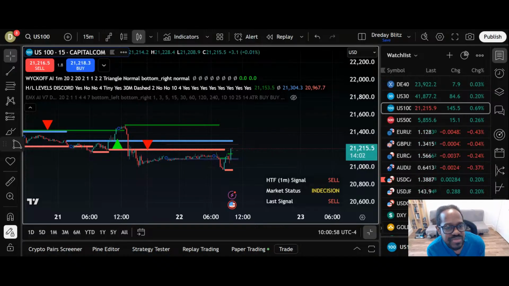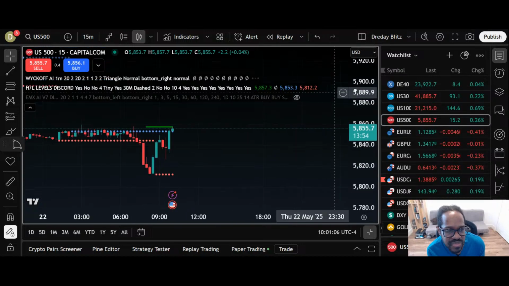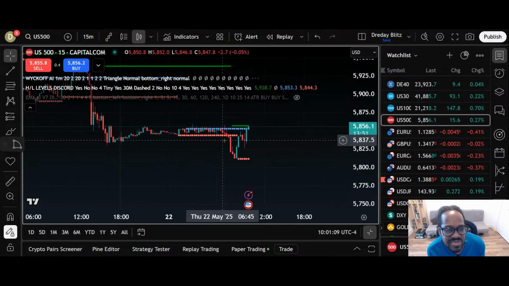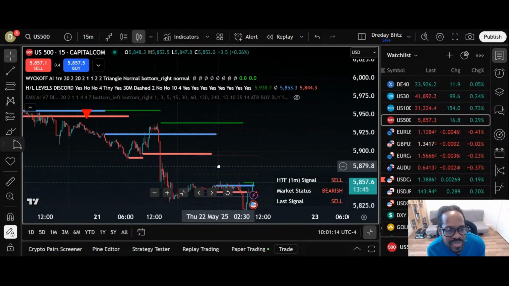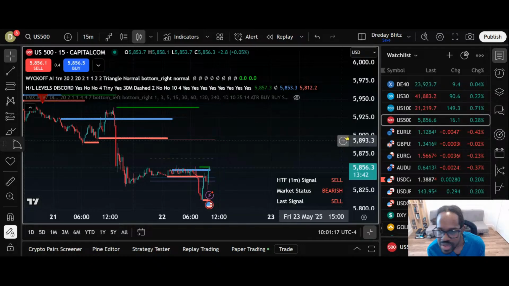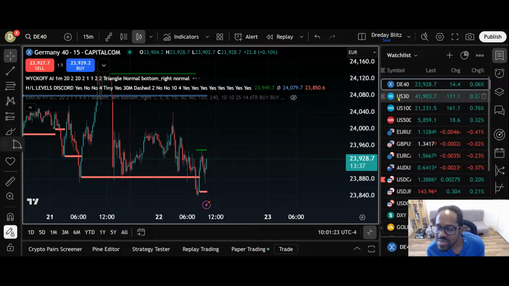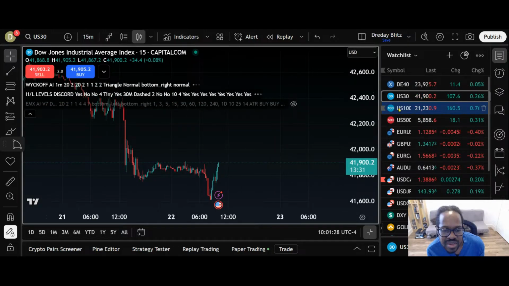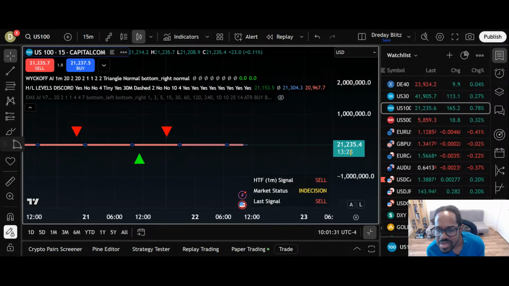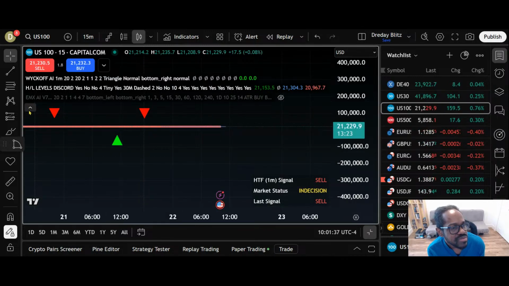Perfect. So nothing here. Let's see US 30, US 500. Yeah, we do have a fair value gap right here, a big fair value gap. So let's look at US 30, NASDAQ. Let's switch that. I don't know why it's doing that here. Let me minimize this.